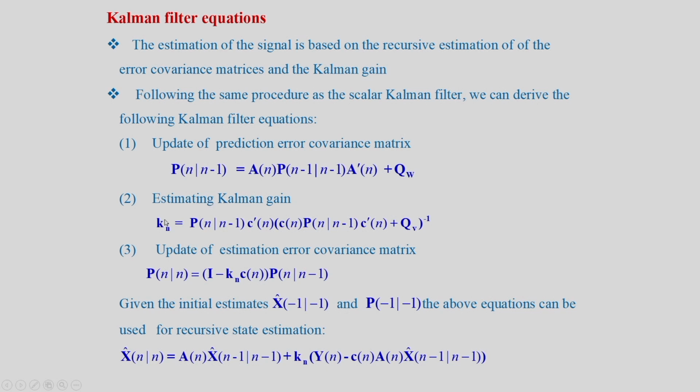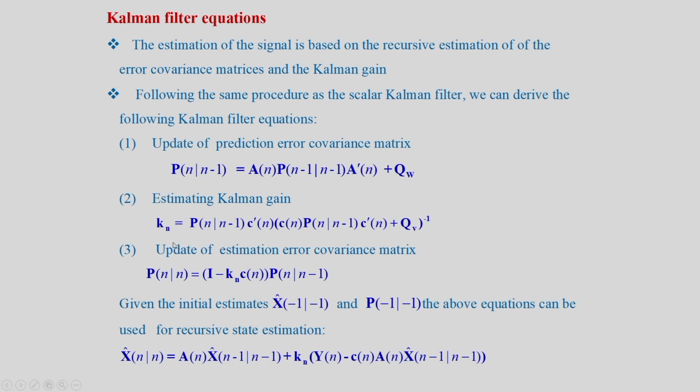Then estimating the Kalman gain. So, for that we have K n is equal to P of n given n minus 1, which we obtain here, into C n transpose, this is the output matrix transpose, into the inverse of C n into P of n given n minus 1 into C n transpose plus Q v. So, this part is a matrix and the inverse of this is taken.